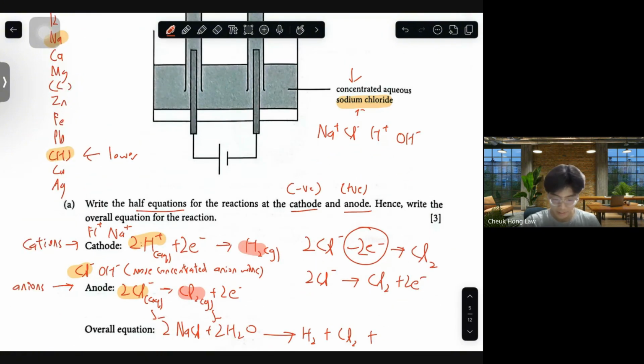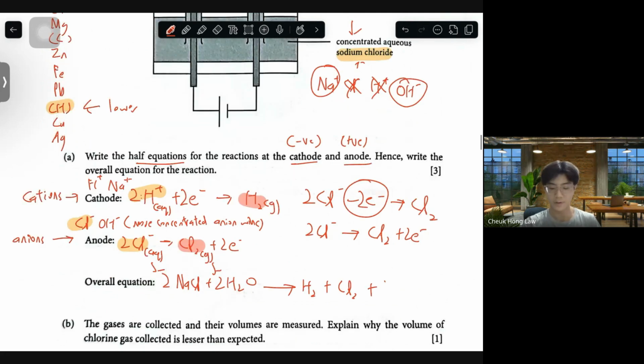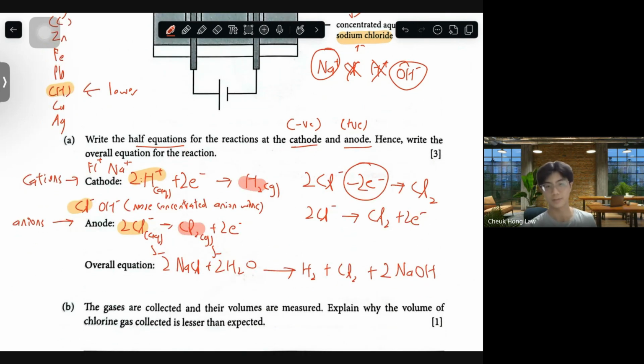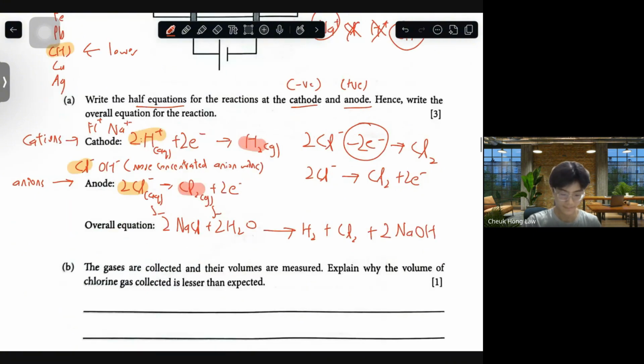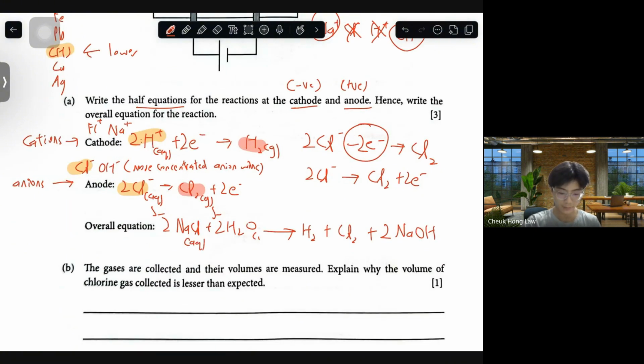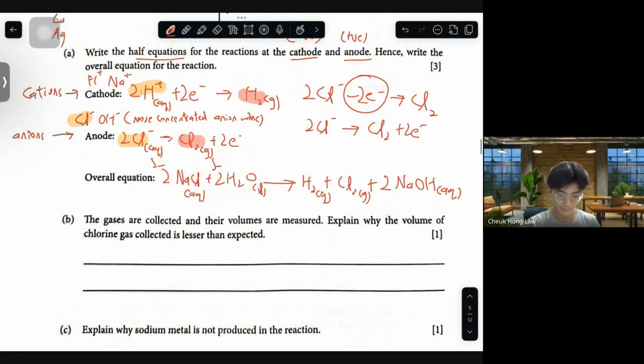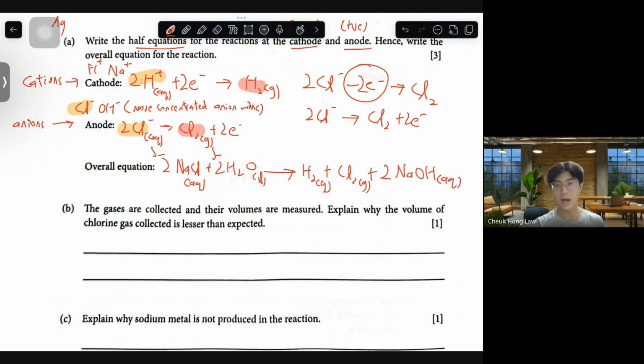So we know that H⁺ is being selectively discharged. Cl⁻ is being selectively discharged. So what is left? Na⁺ and OH⁻. So you have NaOH. And then you add a 2 to balance the equation. Then if you want to write the state symbols, these are the state symbols. For ionic half equations, you should write the state symbols. For overall equation, it is not necessary.